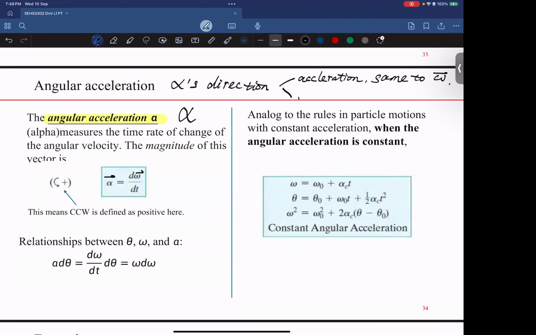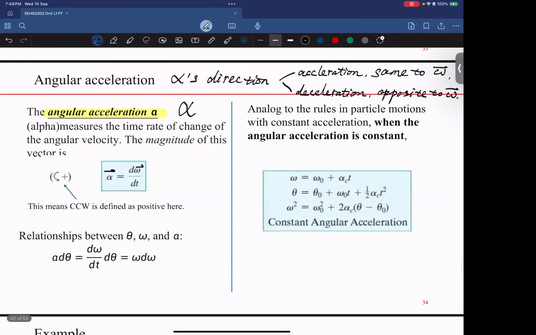If it is decelerating, then the direction is opposite to omega. That's it. If it's accelerating, it is the same as omega; wherever omega points, it points. If it's decelerating, it is opposite to omega, exactly reversed.